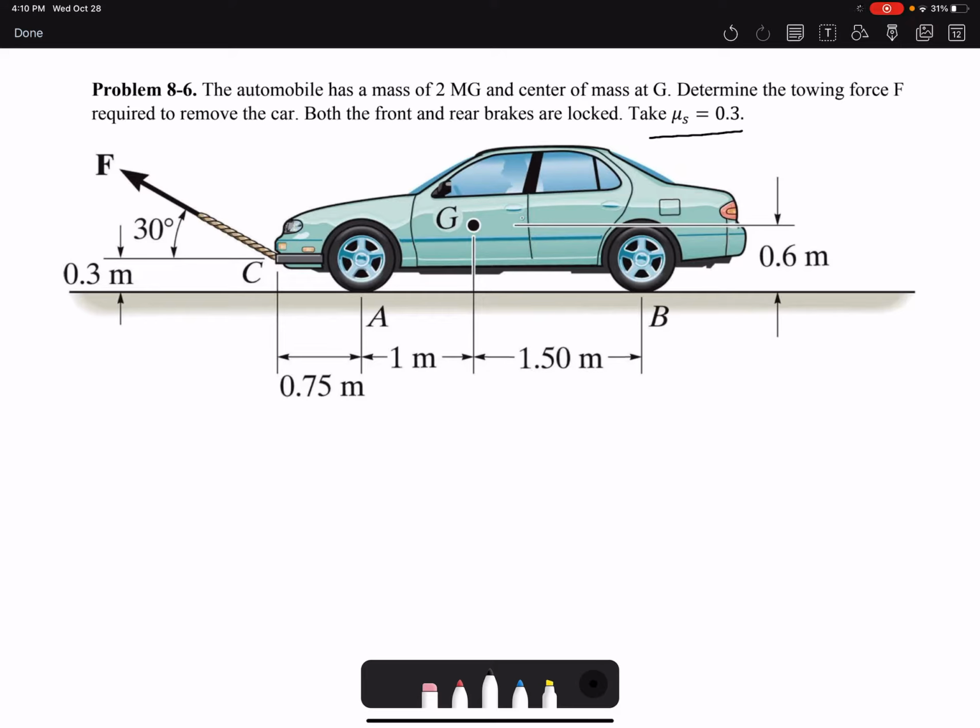So the first step is to draw the free body diagram. I'm not going to draw the whole car, I just draw the car as a box. And then here at B, because the car is moving in this direction, the friction force is acting the opposite. Same thing at A. So here I have FB and NB.